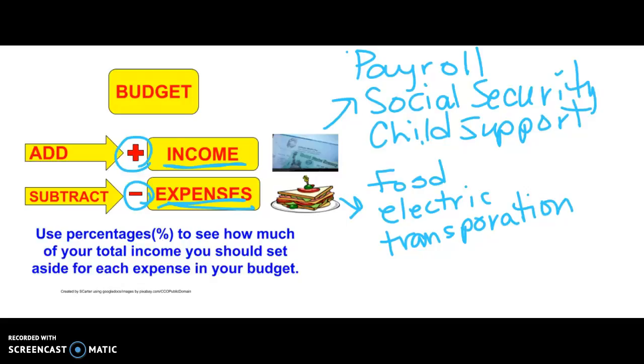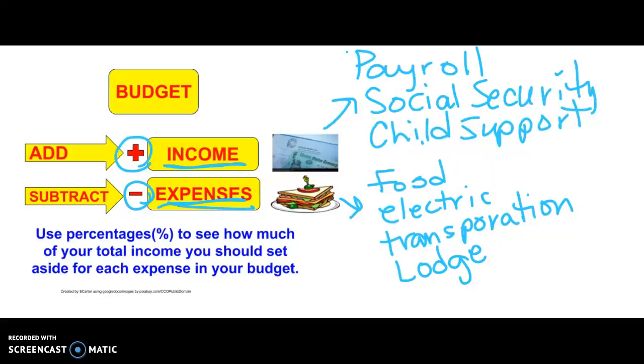Now that could be a car payment, it could be bus fare, taxi fare, any of those things that would get you from home to work or to school, those types of things. Those are transportation expenses. And then lodging expenses or home expenses, that could be a house payment or rent.